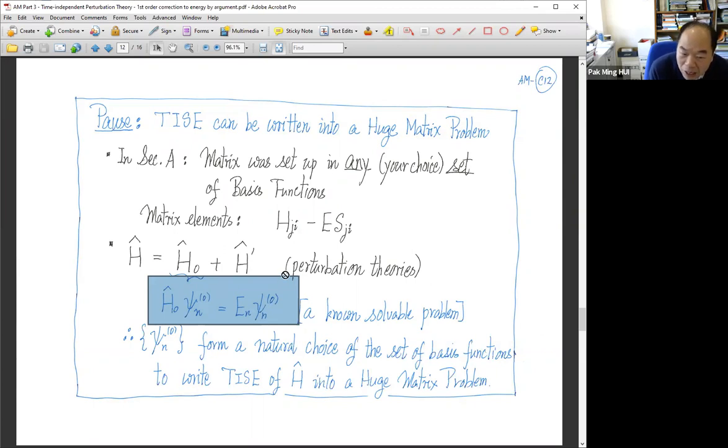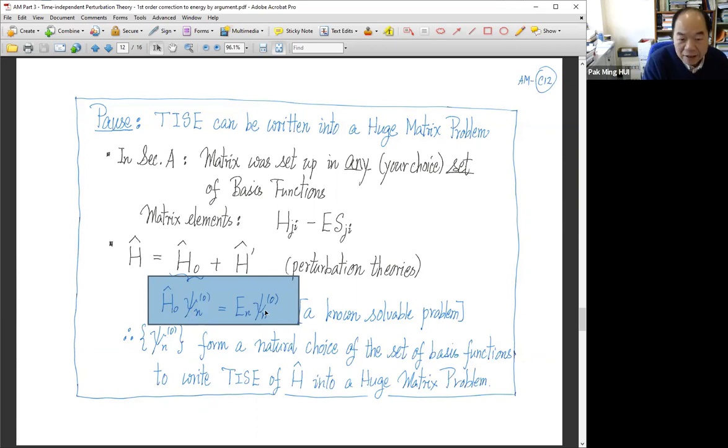We don't need to derive it again. The matrix element is this. And since these are eigenstates for H0 that are known, we can normalize it and make them orthogonal. Because H0 is Hermitian, we have the right to do that. Okay? So that will make Sji delta ji. Nice. Okay? So now we can think about this suddenly not doing perturbation.